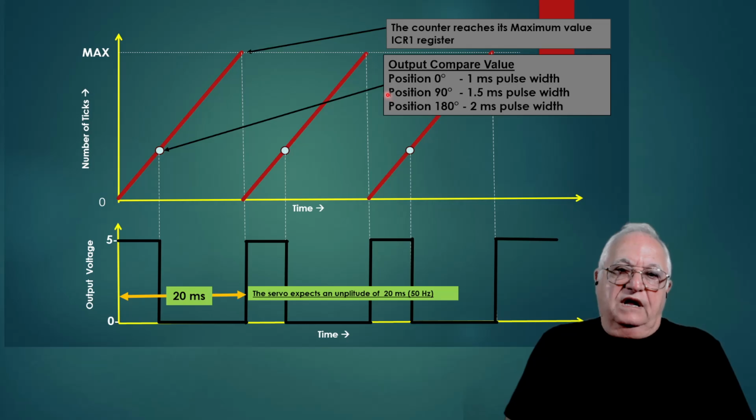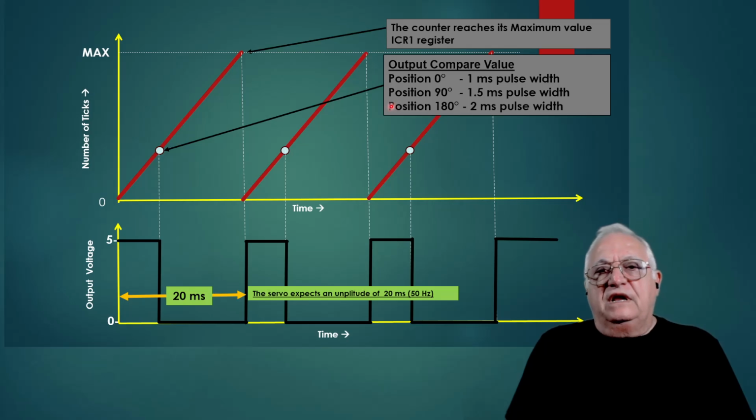So if we want 90 degrees, then this signal is going to have to be 1.5 milliseconds. So basically, the output compare value is going to have to be 1.5 milliseconds, or actually the equivalent in number of ticks.